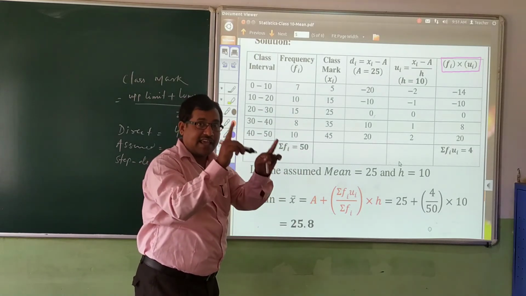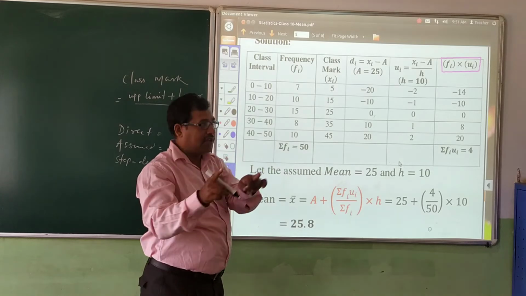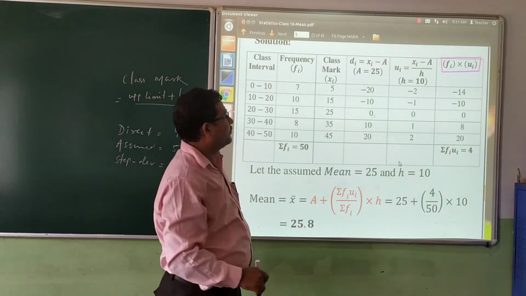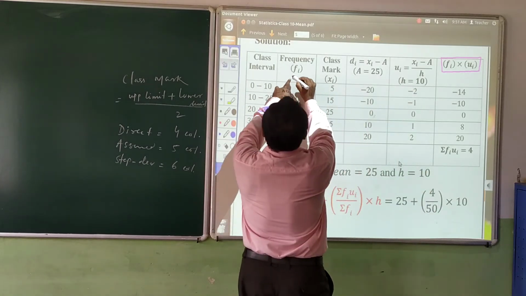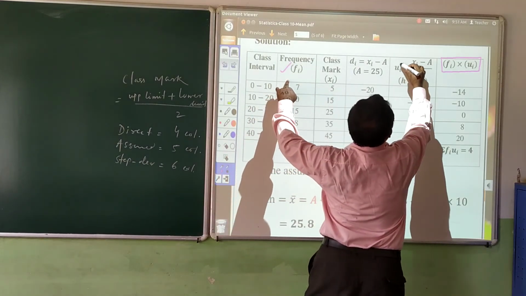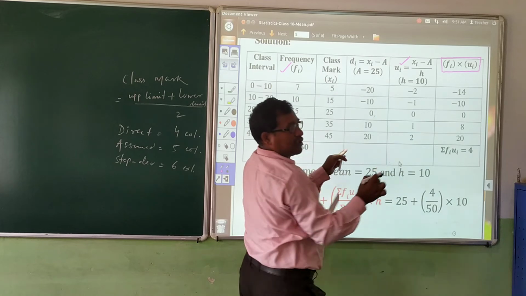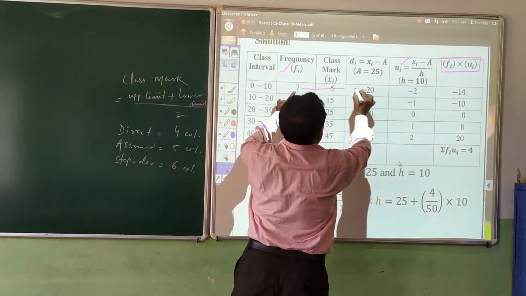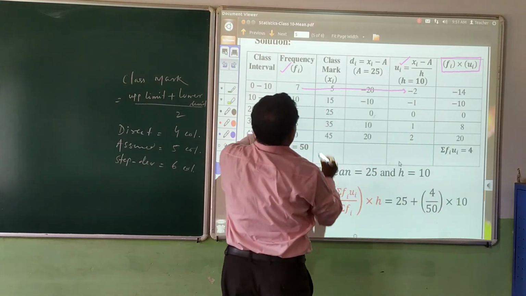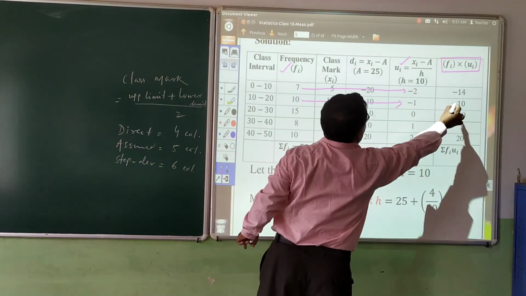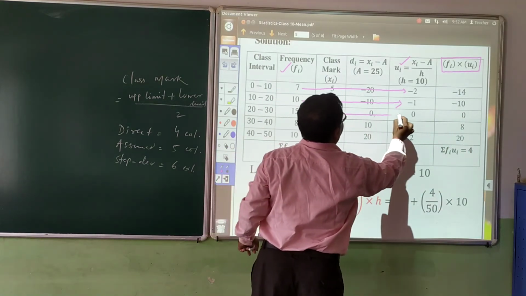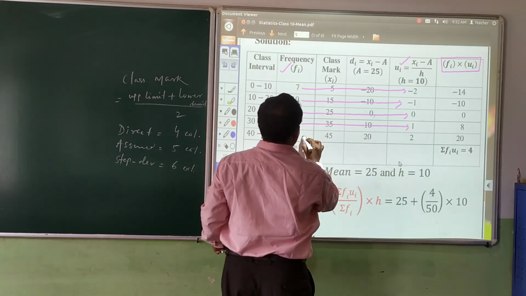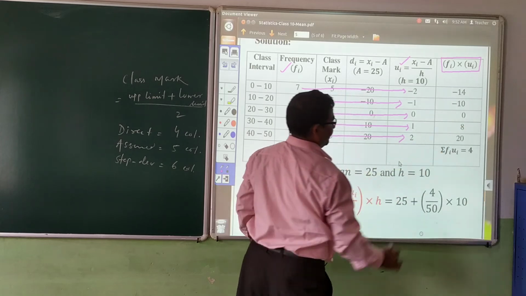In the assumed mean process we had fi di. In the step deviation method, fi ui. So in fi ui, this is fi, this is ui. These two columns' corresponding values will be multiplied. So 7 into minus 2 is minus 14, 10 into minus 1 is minus 10, 15 into 0 is 0, 8 into 1 is 8, 10 into 2 is 20.